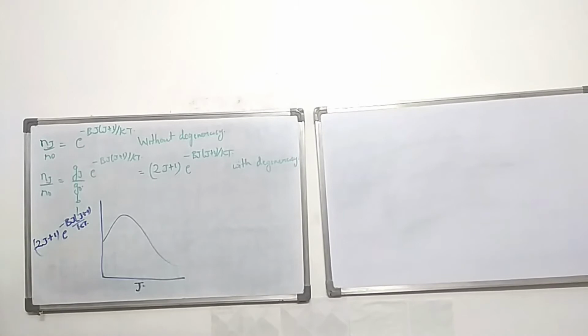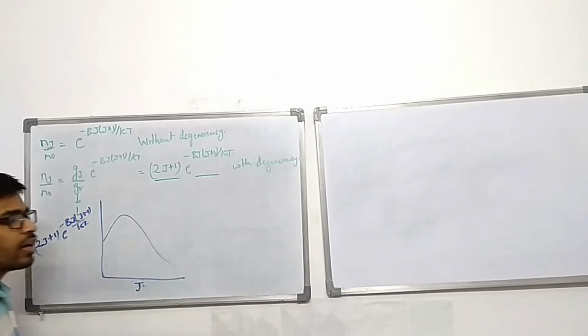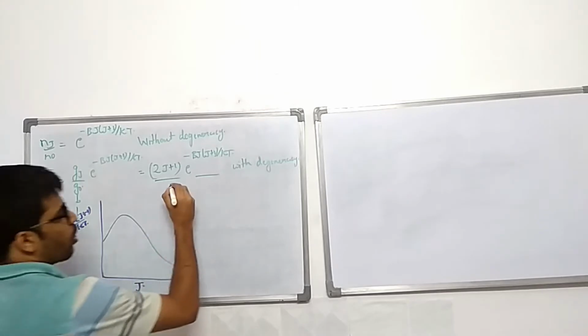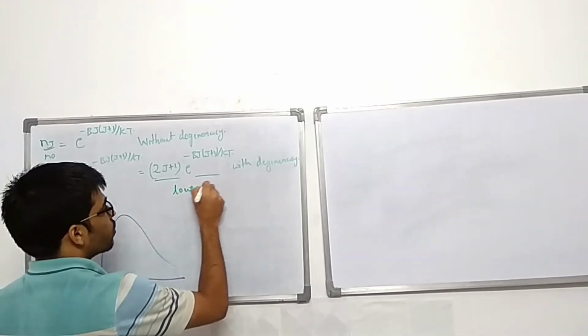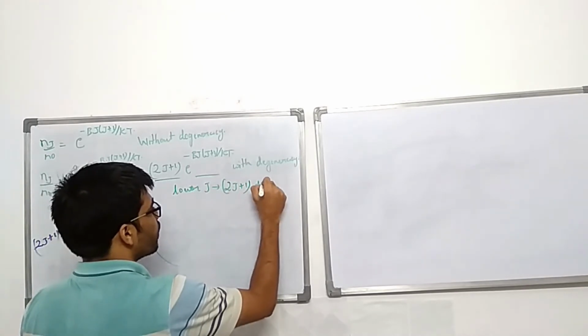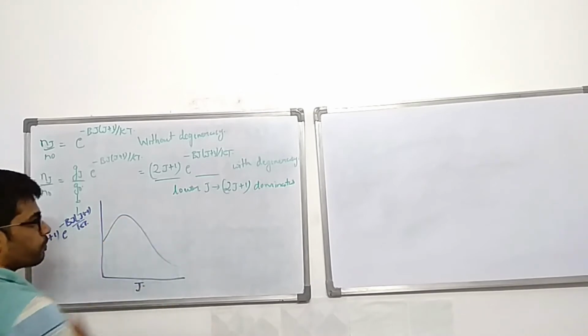Okay. Now why has the plot changed? That is because now you have two components depending on j in the equation. There is a 2j plus 1 and there is an exponential part. For lower values of j, 2j plus 1 dominates, and you see an increasing plot.